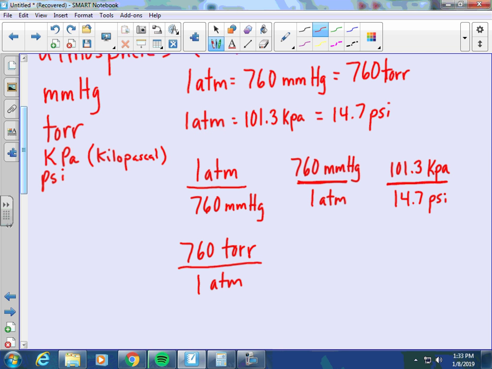So here's how we do these types of problems. 25A says we have to show all work and units required to do these following conversions. So in A, this is what we have to do.